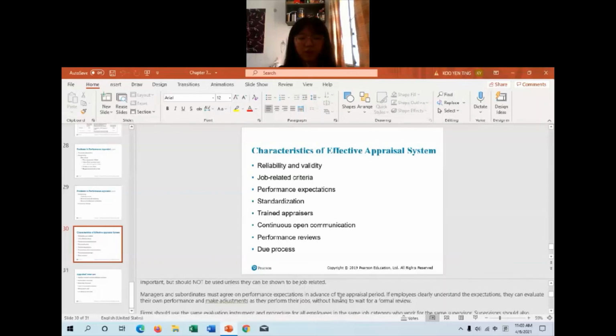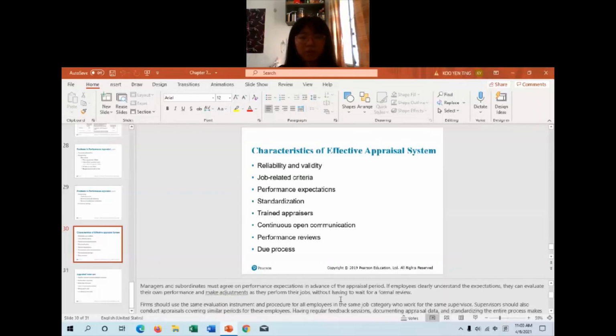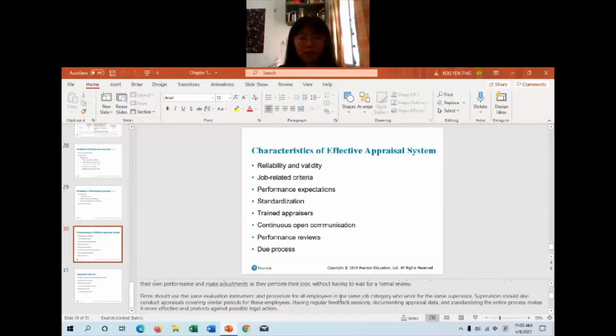Manager and subordinate must agree on performance expectations in advance of the appraisal period. If employees clearly understand the expectations, they can evaluate their own performance and make adjustments as they perform their job. There should be a standardized evaluation instrument and procedure for all employees in the same job category who work for the same supervisor.